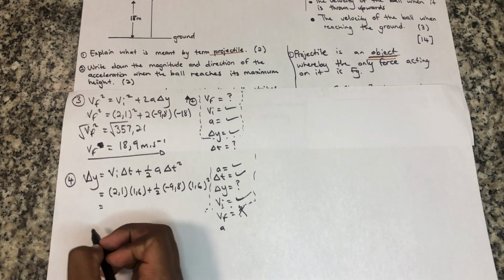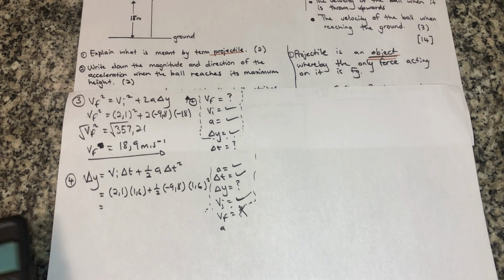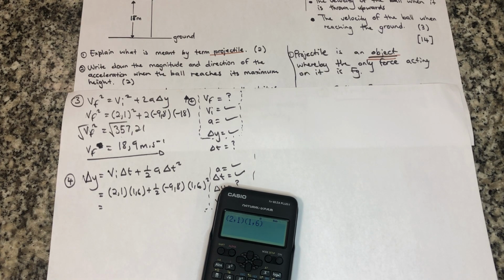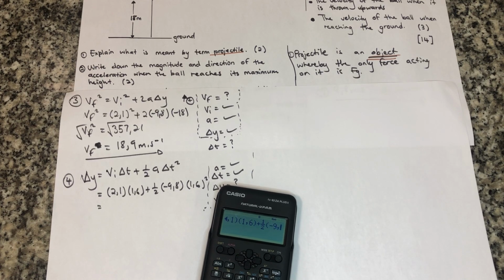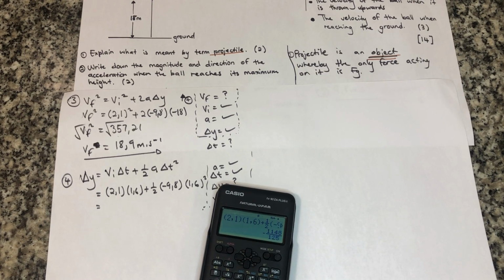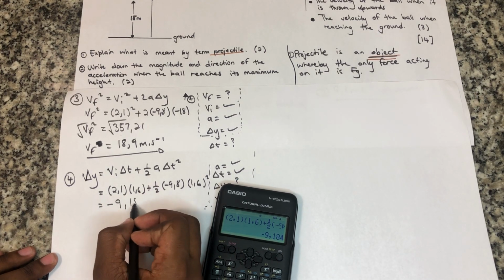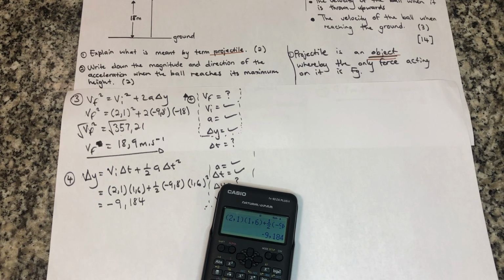Okay, so this is going to be equal to, punch that on a calculator, 2,1 1,6 plus half negative 9,8 1,6 squared. Okay, so we have negative 9,184. Because we haven't yet arrived at the answer, let's wait for rounding off to 2 decimal places, okay?